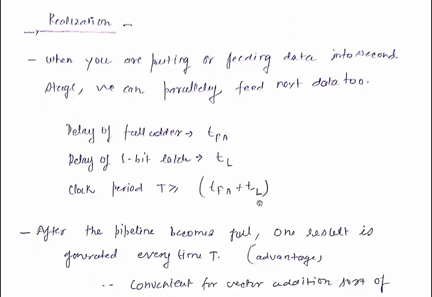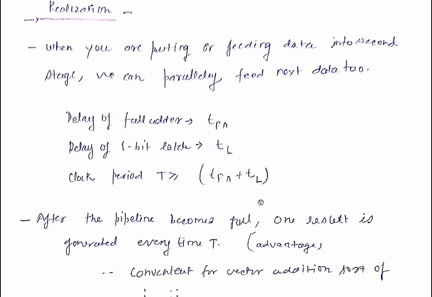Now when the pipeline becomes full, one result is generated every time T. That concept we have already seen in the wash, dry and iron example. When all the 3 latches in the previous diagram become full, after every clock period you have one result.